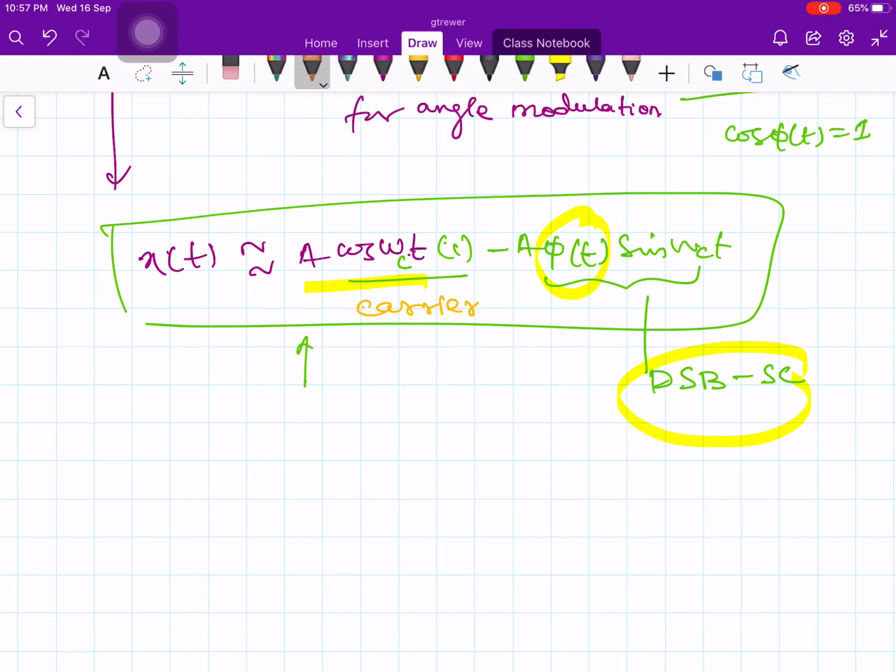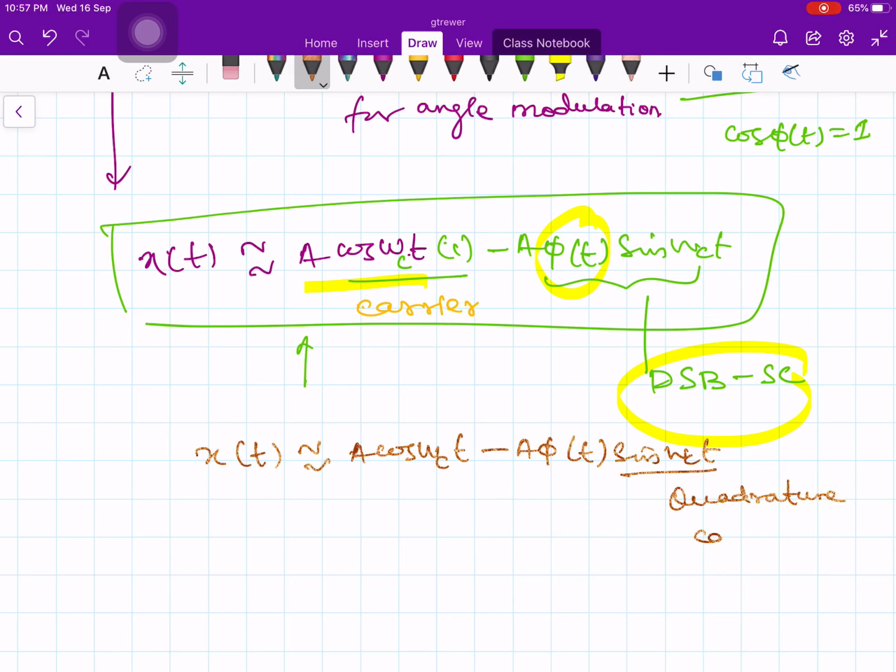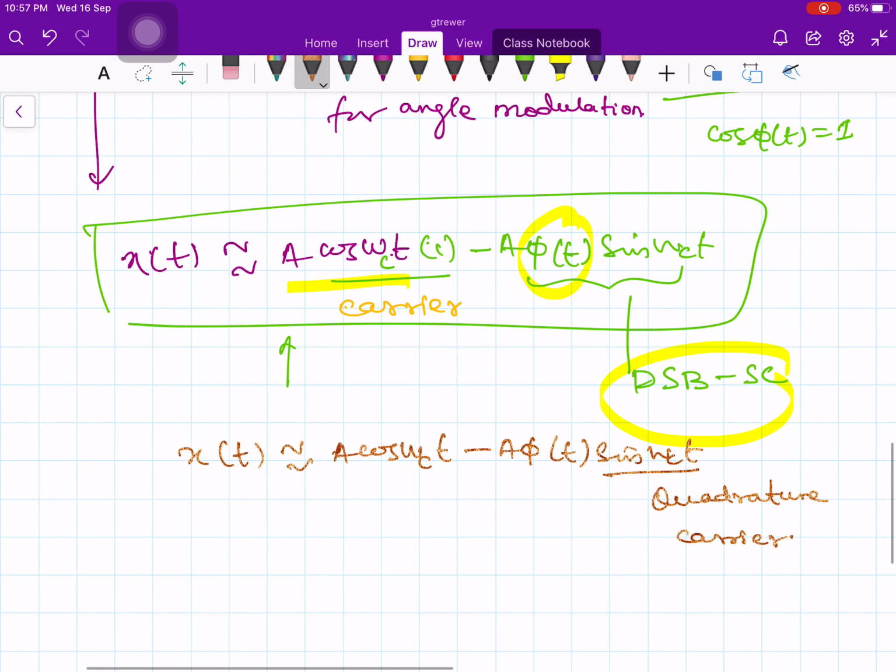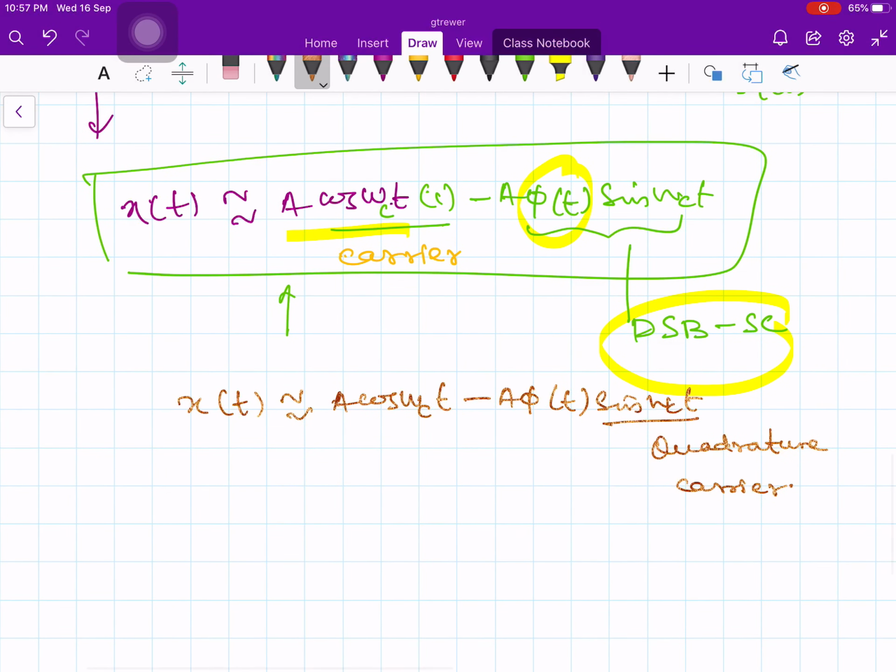So your x of t is approximately a cos omega ct minus, again I am writing the same expression, a phi of t times sine of omega ct. Instead of using the cosine omega ct, I am using the quadrature carrier. You can think of phi of t as your modulating signal.